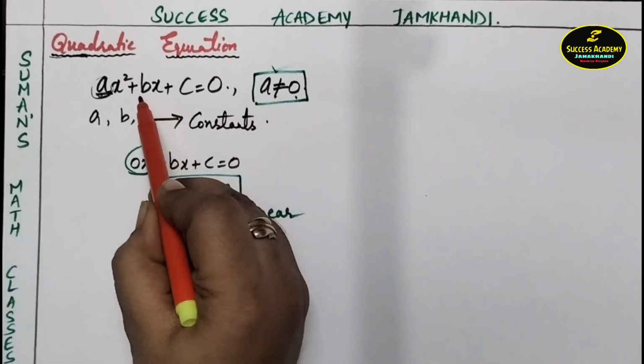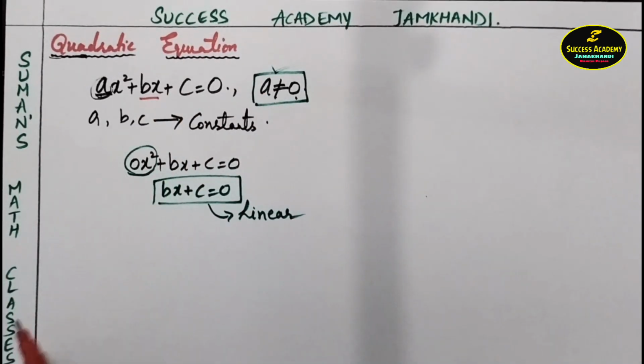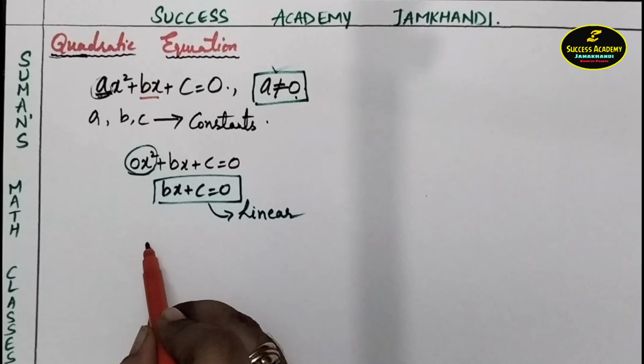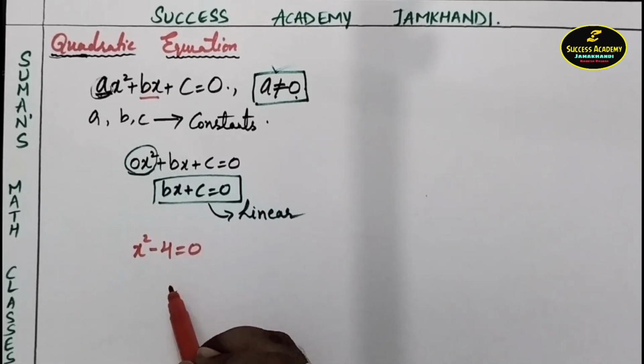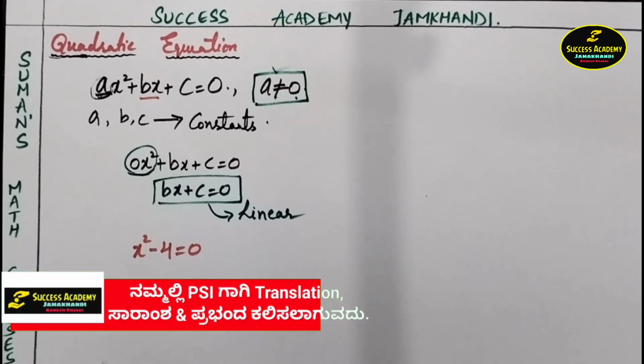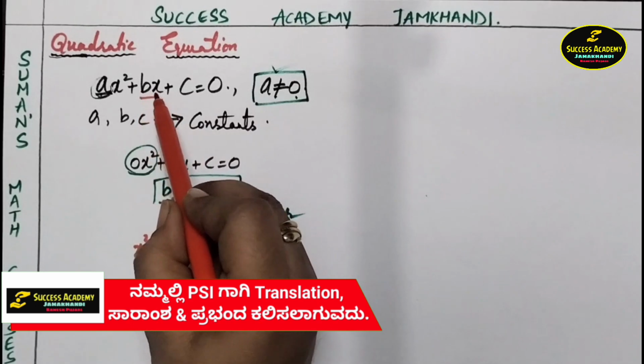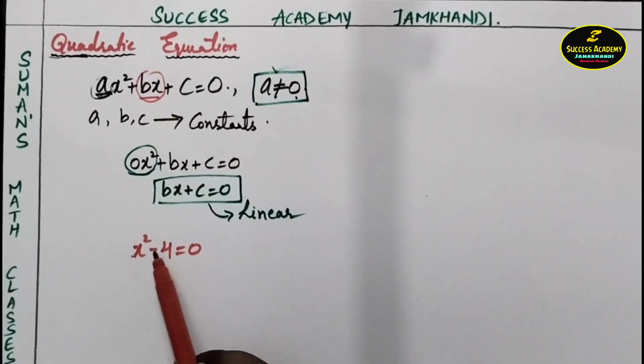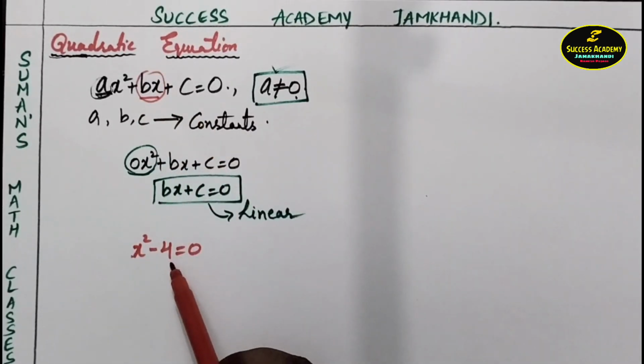Suppose we make b 0, what happens? For example, if I write the equation x square minus 4 equals 0, you can see the power is 2, so it is obviously quadratic, but there is no single x. X square is there, then directly a constant, there is no single x.